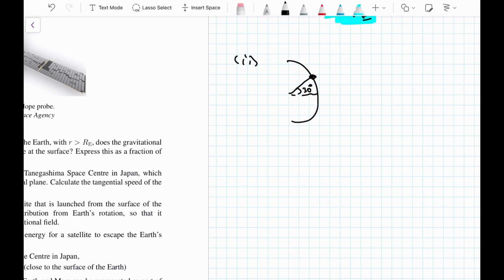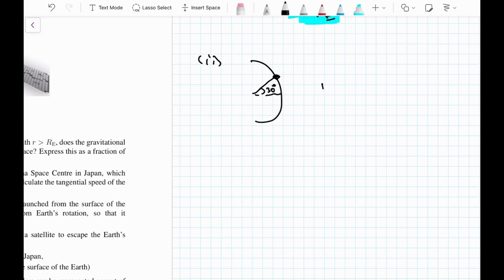The radius is equal to Re multiplied by cosine theta, which is 30 degrees. Therefore the velocity is equal to omega r.